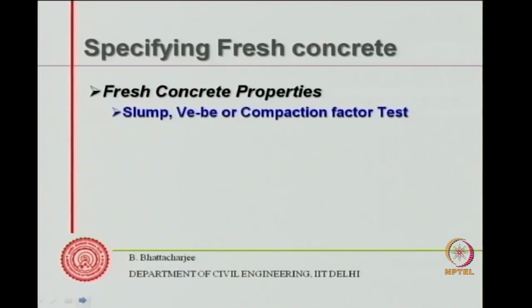Now we said fresh and hardened concrete properties. Although we have not really defined various kinds of properties of concrete as yet, which we shall do in our successive modules. Fresh concrete properties are specified in terms of some engineering characteristics called slump, VV, or compaction factor.